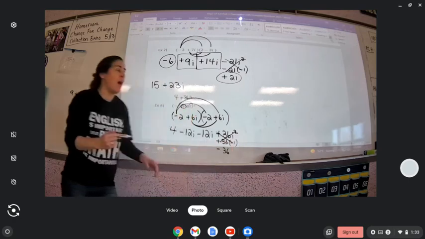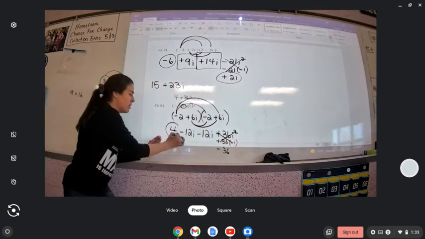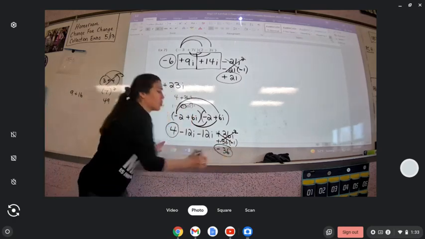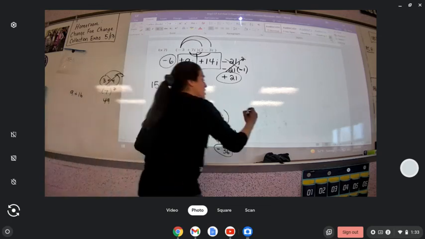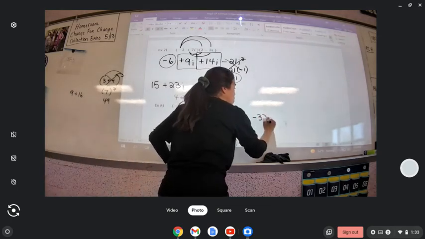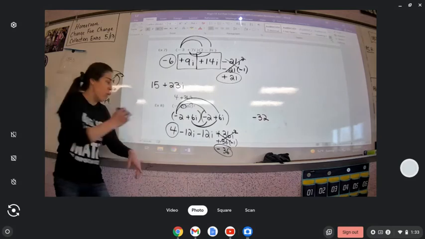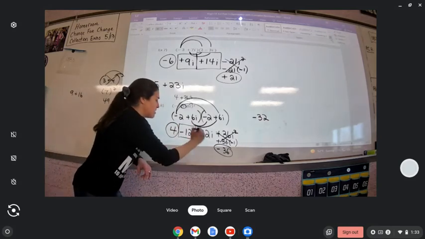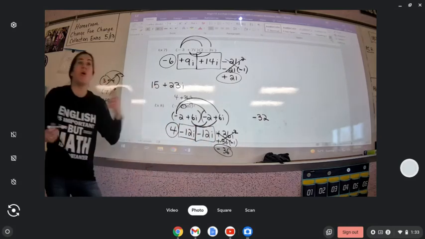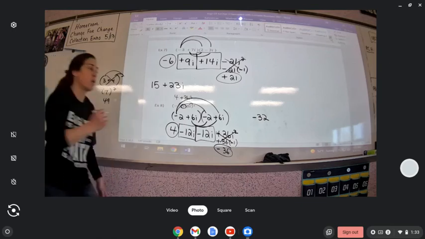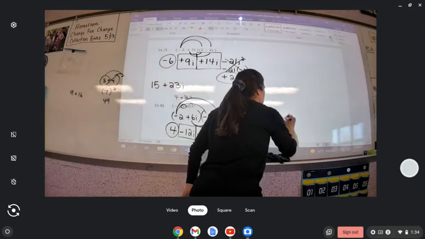So now when you go to combine, we have 4, but we took away 36. So what number do you really have? Negative 32. And then in the middle, we have negative 12i's and negative 12 more, which is negative 24i's.